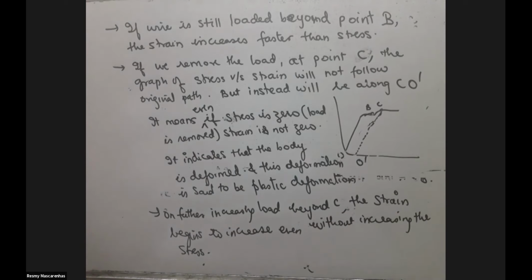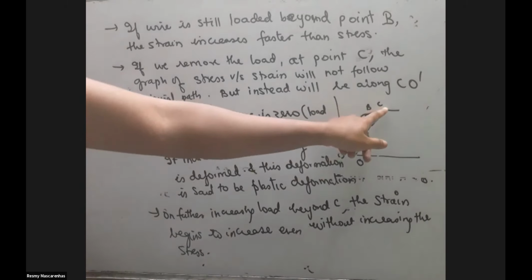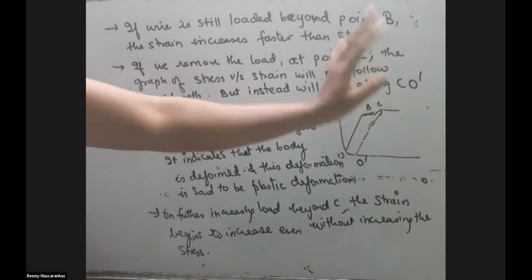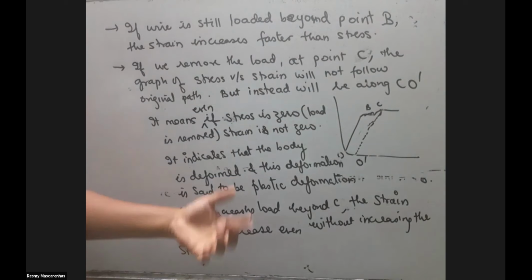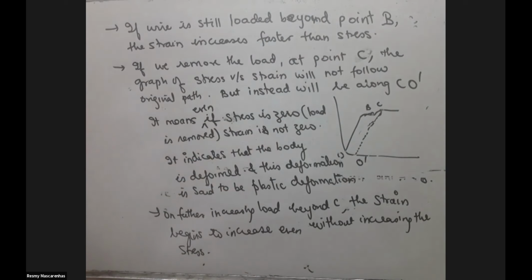What happens is after this particular point, even if you keep the load there and are not increasing the load also, okay, without any stress also, still the wire will keep increasing.